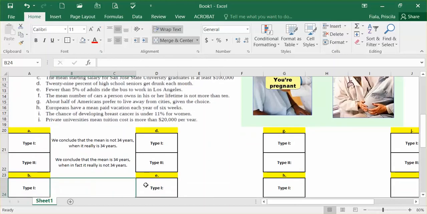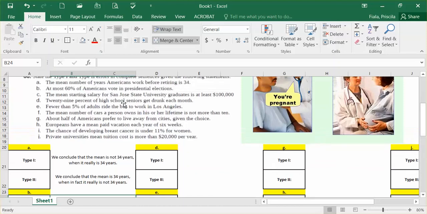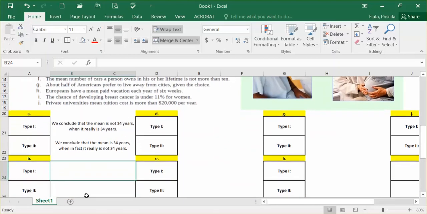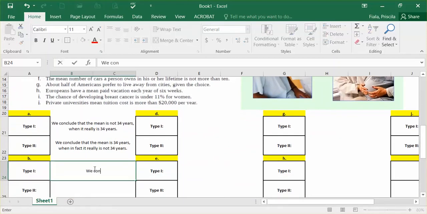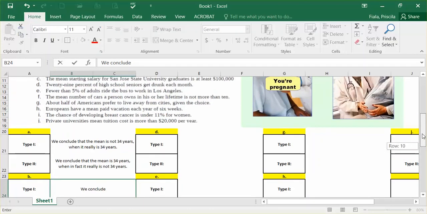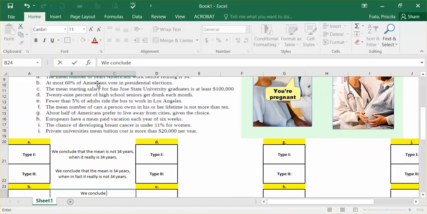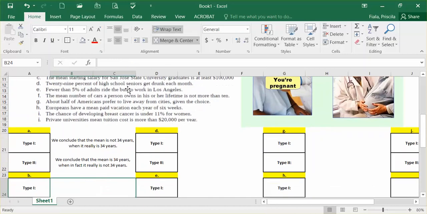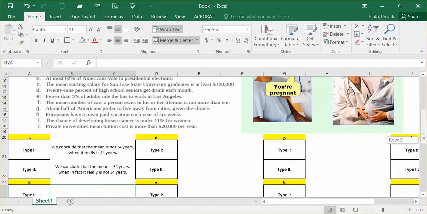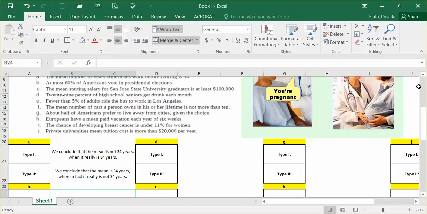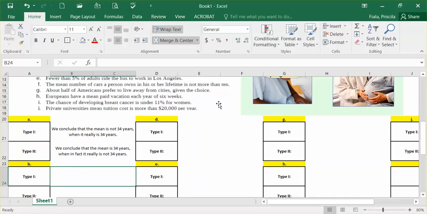Let's try B. At most 60% of Americans vote in presidential elections. A type 1 error is, we conclude, okay, let me go back here. At most 60%, therefore no more than 60%.